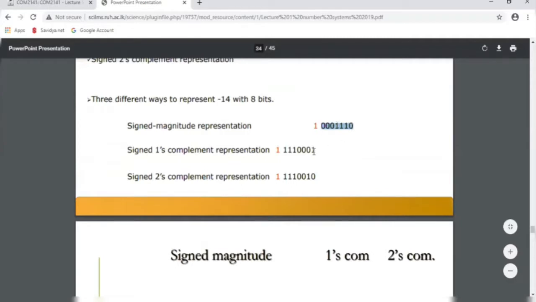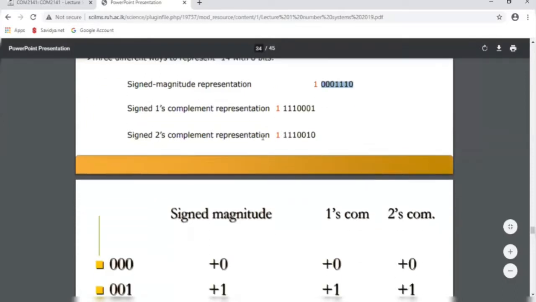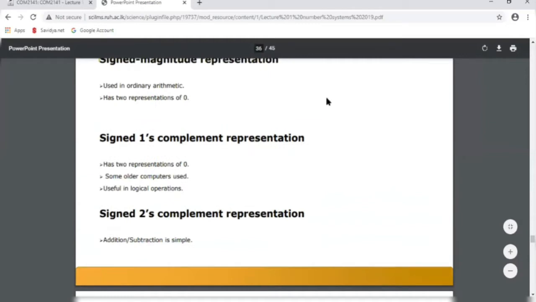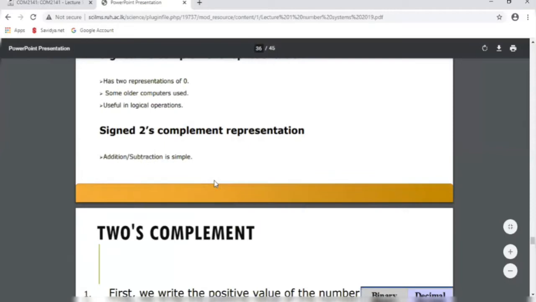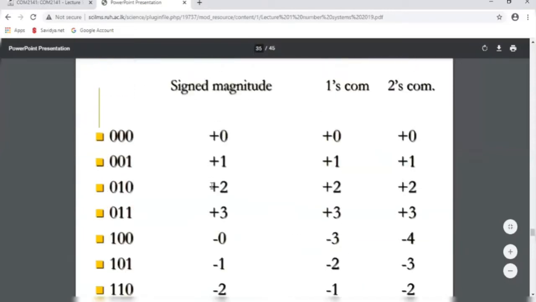We put 1 into the places we have 0 here, and 0 into the places we have 1 here. Okay. So the problem there is you have 2 representations of 0, and it is used by some older computers. But 2's complement notation is better than 1's complement representation.